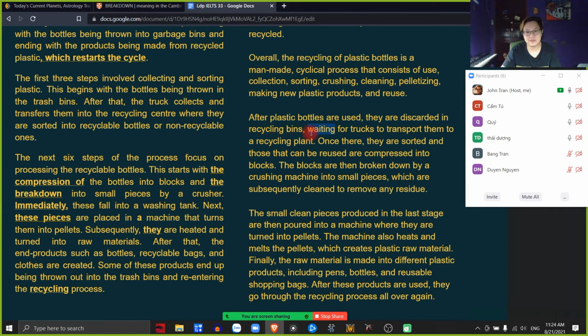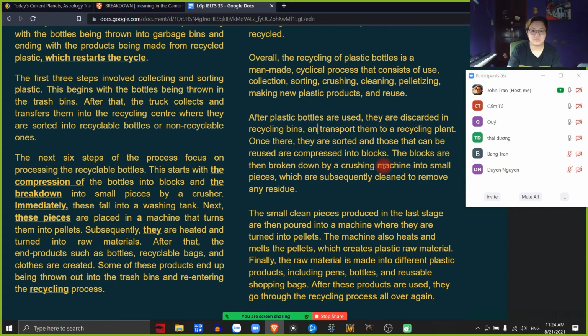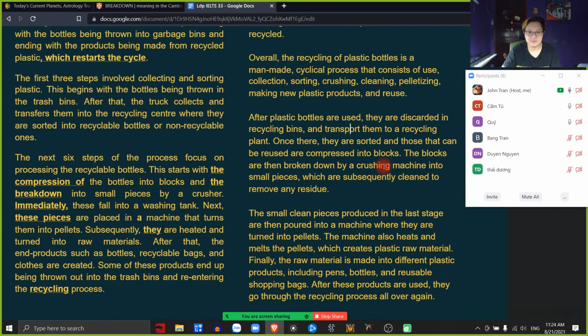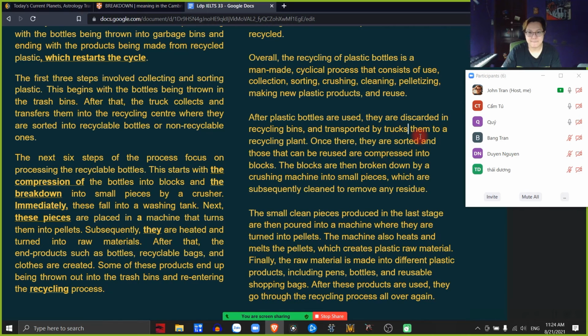They are discarded in recycling bins. And transported by trucks. Chúng được vứt vào thùng rác và được transported bởi những cái xe tải.